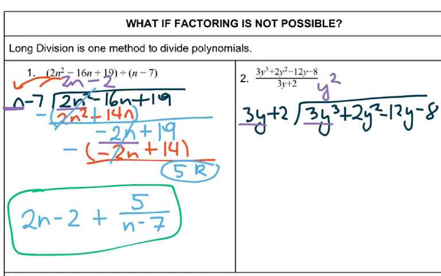And then I'm going to multiply my answer by both terms in the divisor. So y squared times 3y is going to be 3y to the power of 3. y squared times 2 is 2y squared. Then I'm going to subtract.